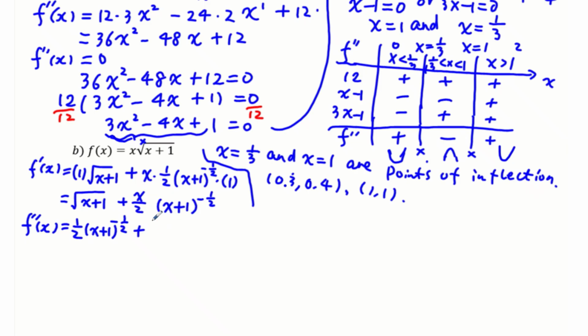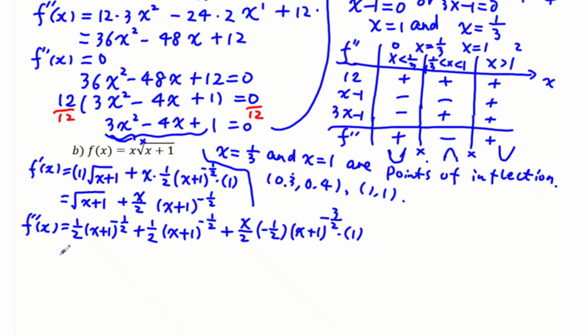The derivative of the first one is 1 over 2. Copy the second function, then plus. Copy the first one, and the second one's derivative is (x plus 1) to the exponent minus 1, then base x plus 1 derivative. So this is the double derivative.